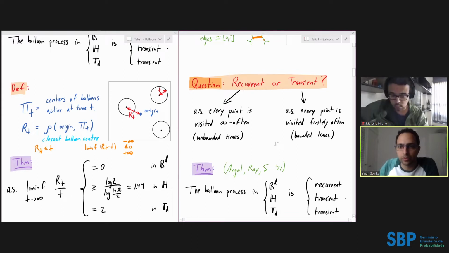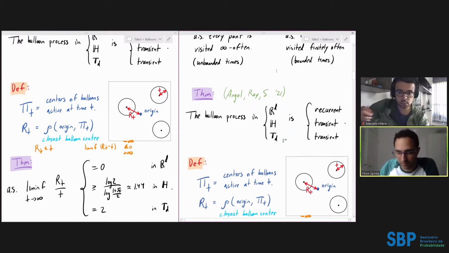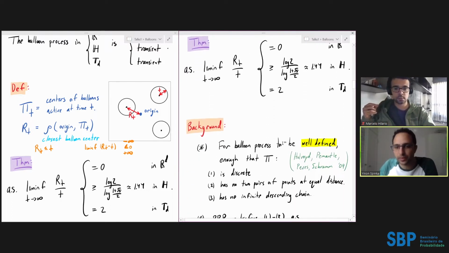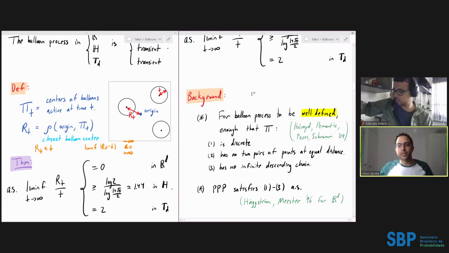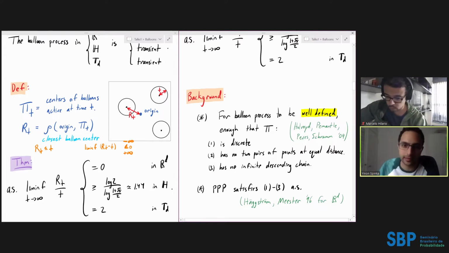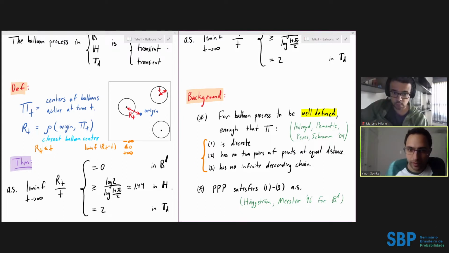Before I get into the proofs, let me give you a bit of background, including answering the question of whether this process is well defined. Indeed, for the process to be well defined, we need some assumptions on pi, and it's enough that pi satisfies these 3 assumptions here. I won't give it a name, but these will be our only assumptions.